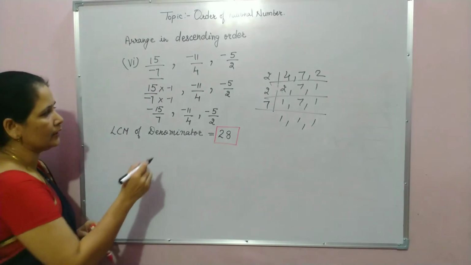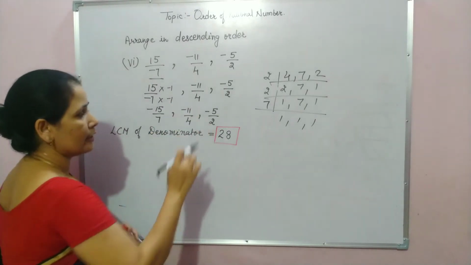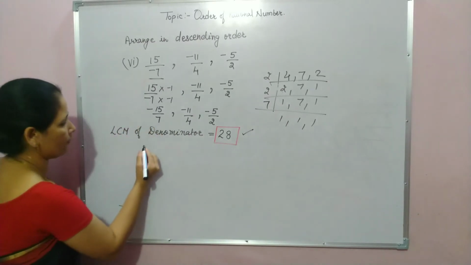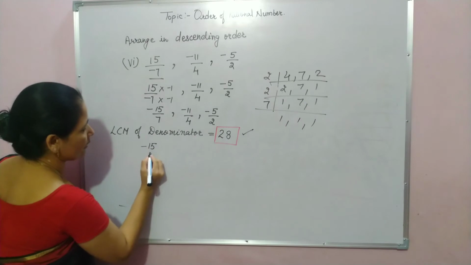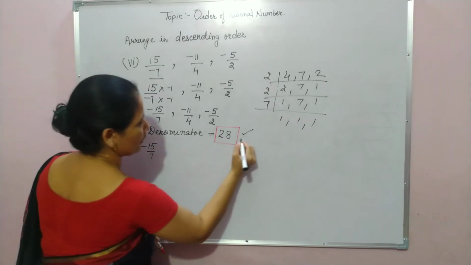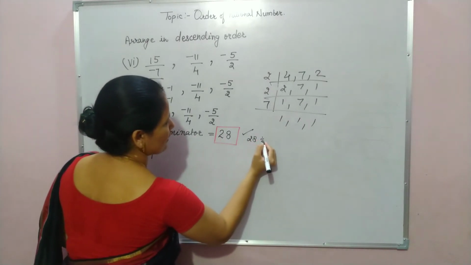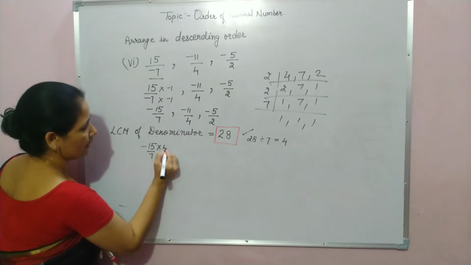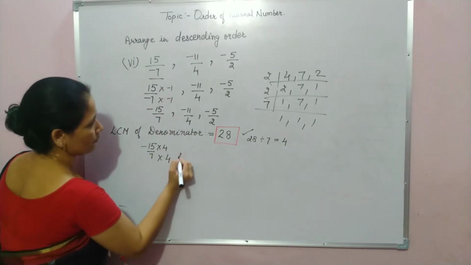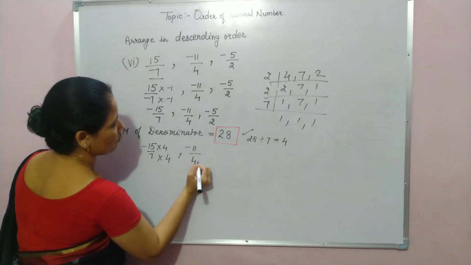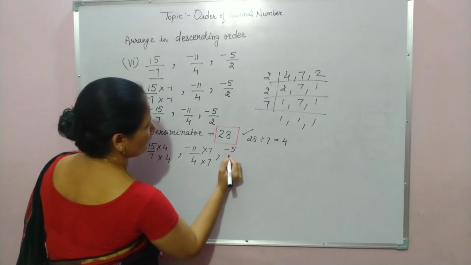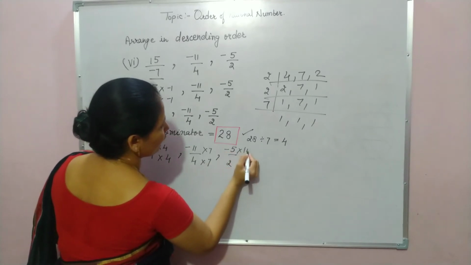Now, convert all the denominators according to the common LCM. 28 divided by 7 gives 4, so -15 multiplied by 4 and 4. Same, -11 by 4 multiplied by 7 and 7. Then -5 by 2 multiplied by 14.